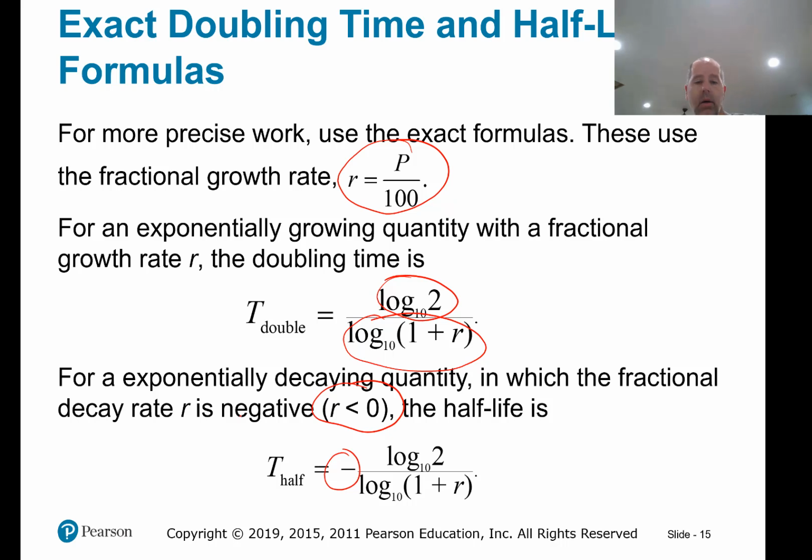Now, again, depending on the situation, be careful. Make sure you read the problem carefully because you may have to use one of these two formulas if they're asking for the exact half-life.